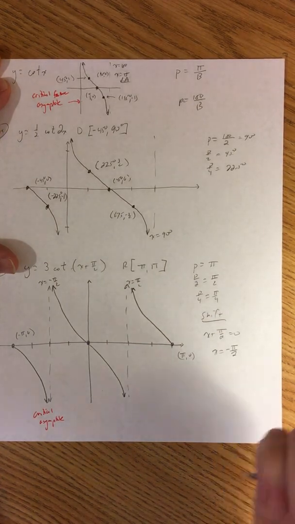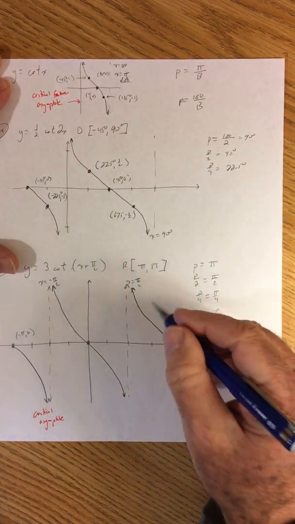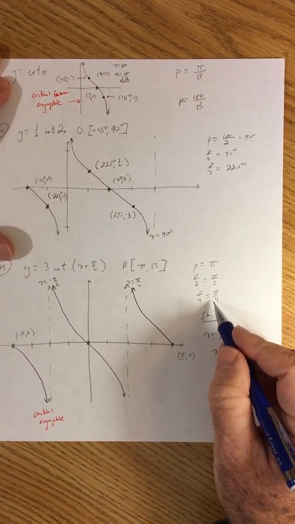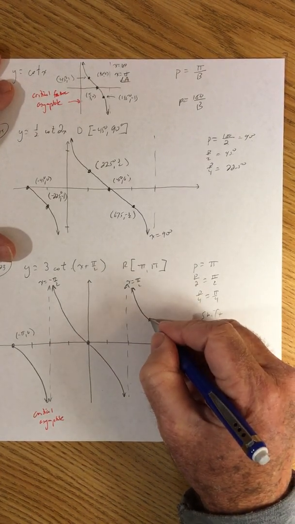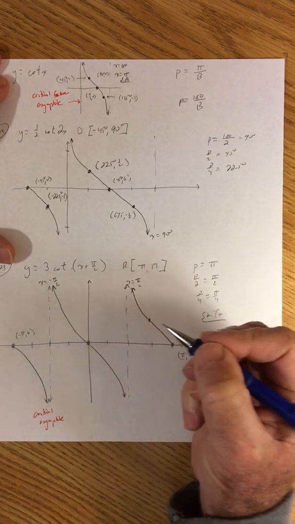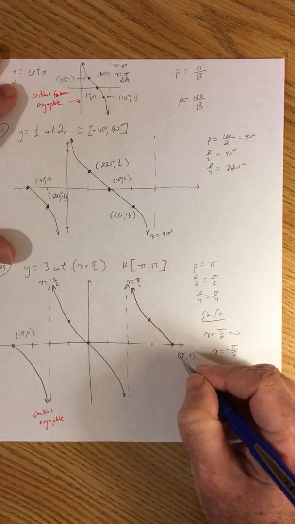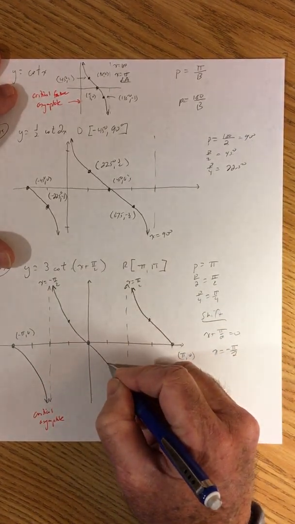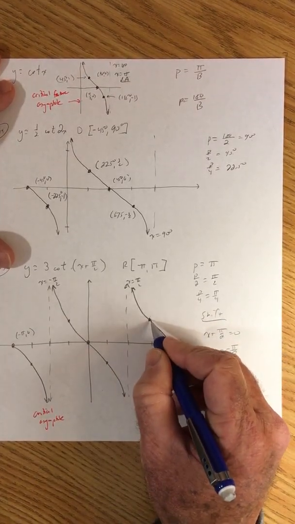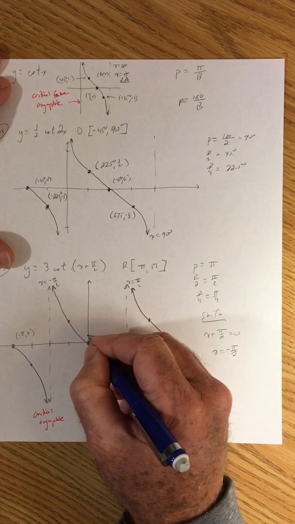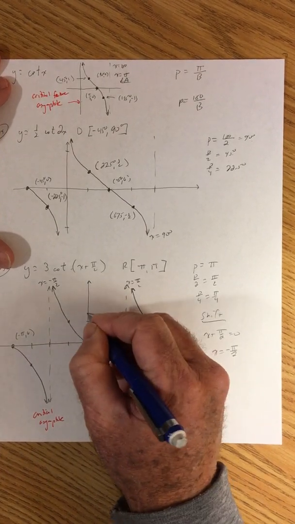At the quarter cycles, pi over 4, we're going to be 1 unit, so let's say we have a point here, another point here, at those quarter cycles. So that's 3 because of what we have here. Our scale, like on this one, looks like that. That's 3.